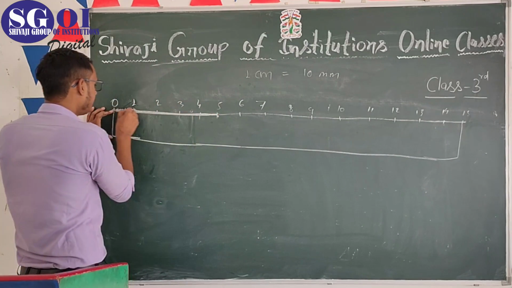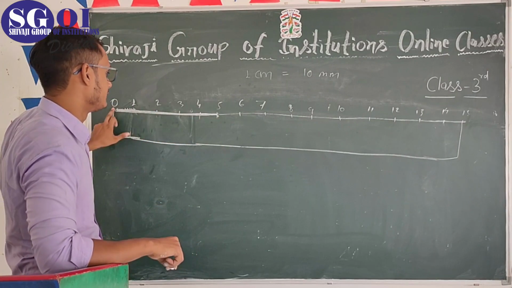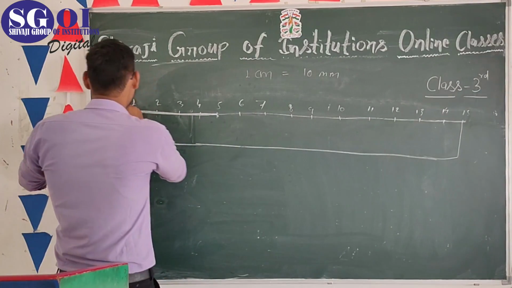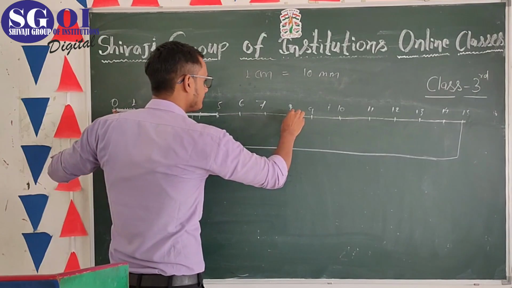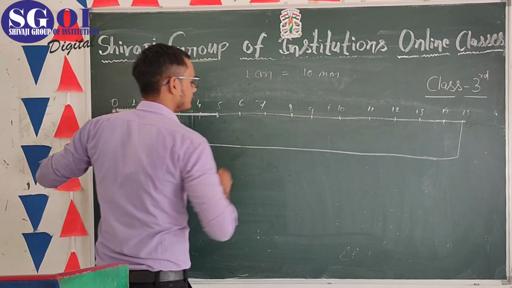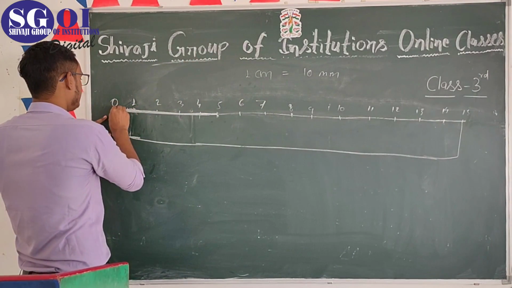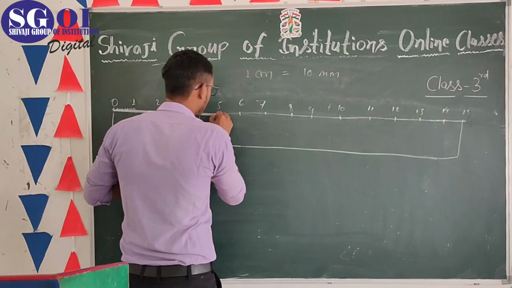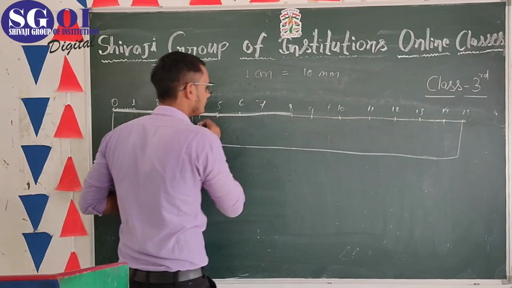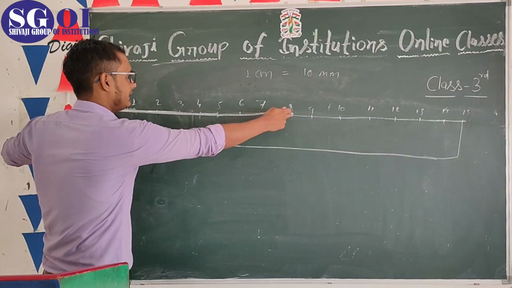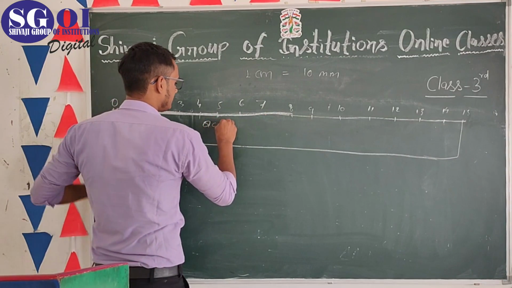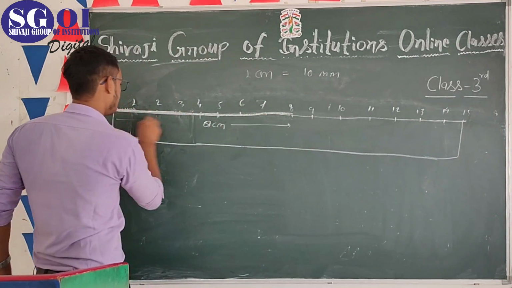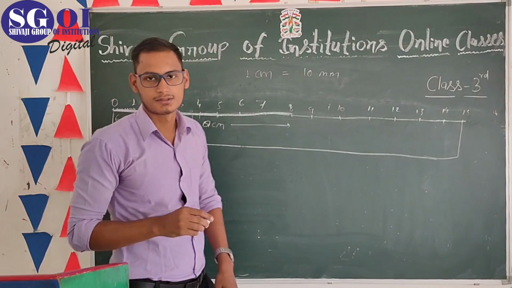It's a line segment of 5 centimeters. If we draw a line segment of 8 centimeters, we put a point here and draw a line segment of 8 centimeters. This is the length of 8 centimeters.